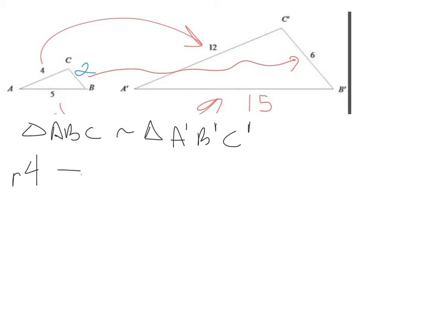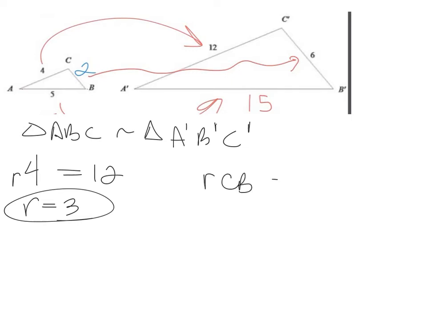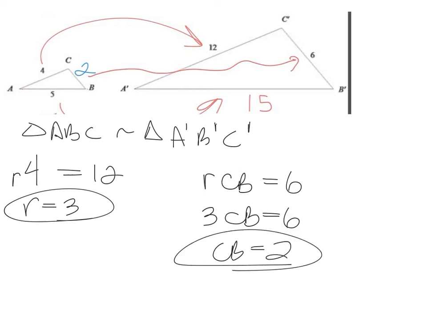R times 4 equals 12, so R equals 3. My scale factor is 3. That means that R times CB equals 6. R is 3, CB equals 2. It works that way also.